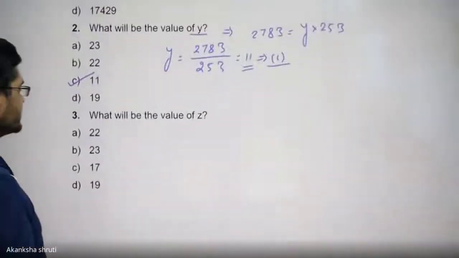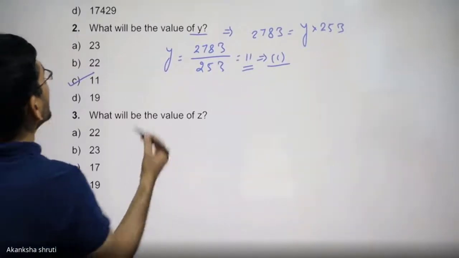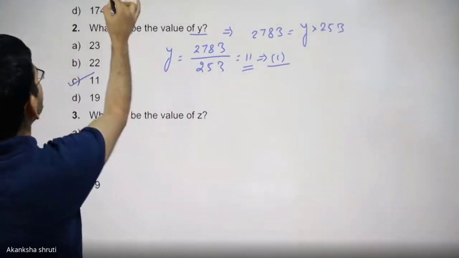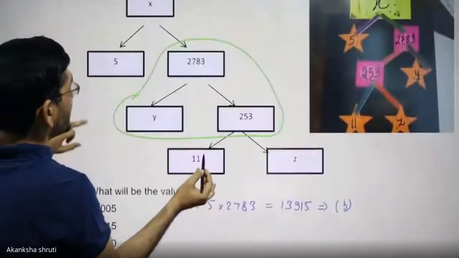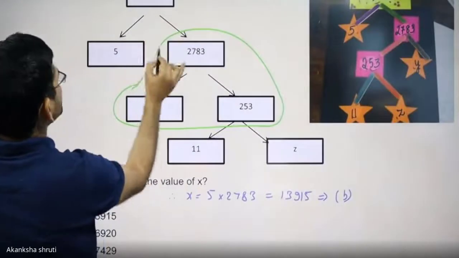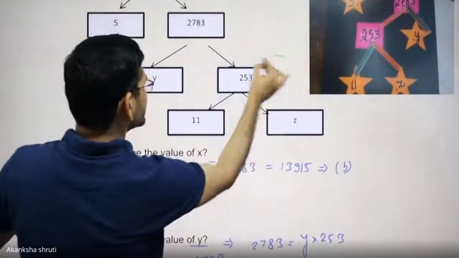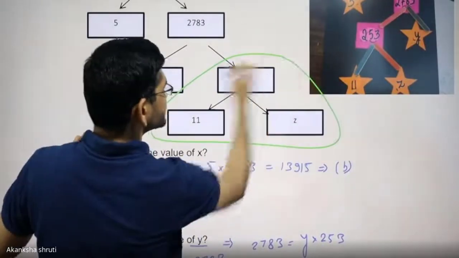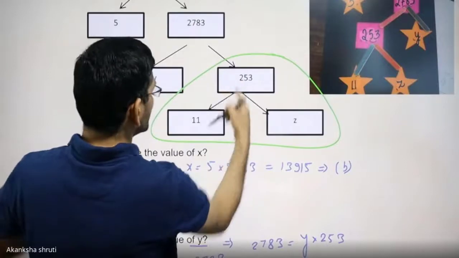Students, let us come for the third part, the Z. Again, we have to go in our factor tree and we have to search Z is the factor of which part. We have to go for the last one. See, Z is the last, so we need to take this much part only. Here Z into 11 is 253.